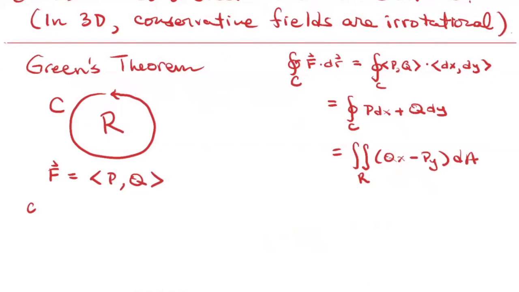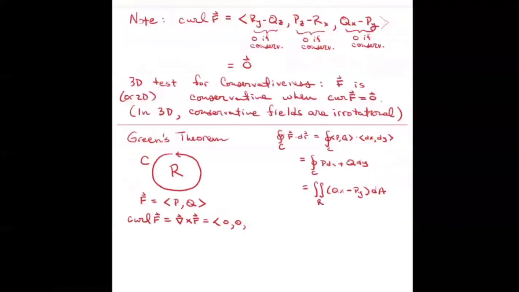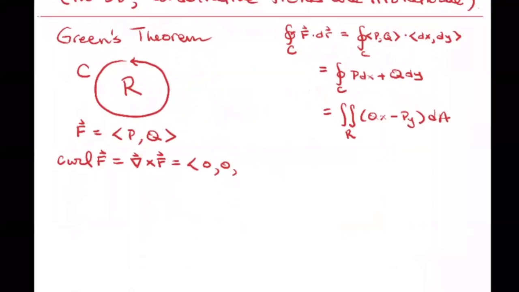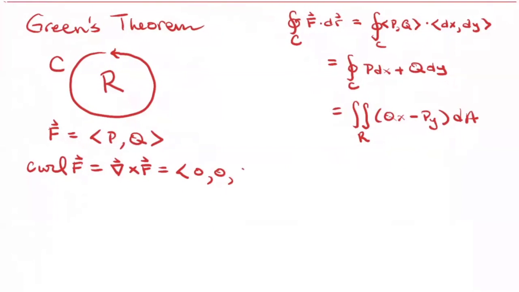And we've already determined that the curl of the field, del cross F, ended up being (0, 0, Qx minus Py). I can't remember, I think it was Qx minus Py, but I have to double check because my memory's that bad. Qx minus Py, which you're meant to say, oh, that looks familiar.